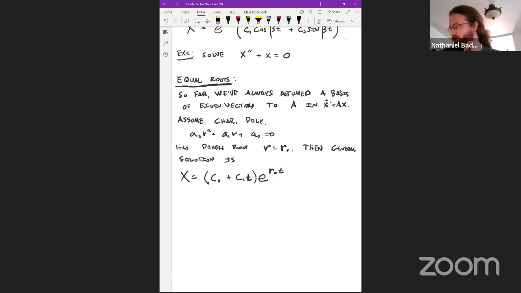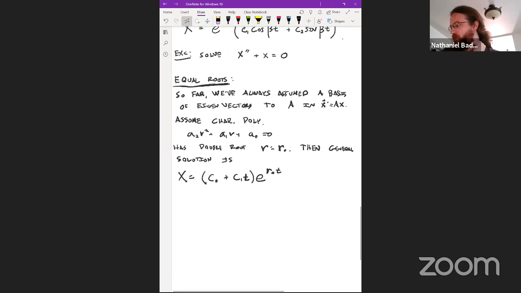So a quick temperature check. How many people have seen this before? Because this is a very standard thing in some calculus classes, but it's something that I didn't see in my undergraduate calculus courses.